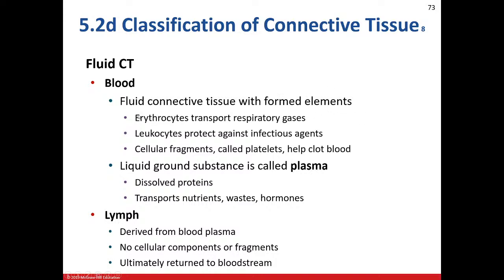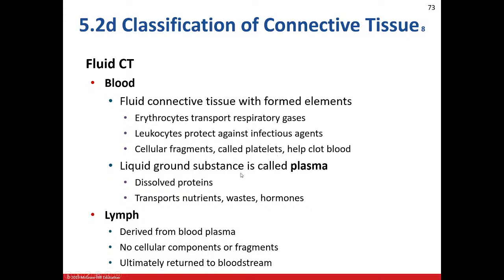So erythrocytes, or red blood cells, transport the respiratory gases. They transport oxygen and carbon dioxide. Leukocytes, or white blood cells, protect against infectious agents. And then there are cellular fragments called platelets that help clot blood. Basically, there's a cell called a megakaryocyte, which grows and then breaks apart, and all the fragments of that cell are called platelets.